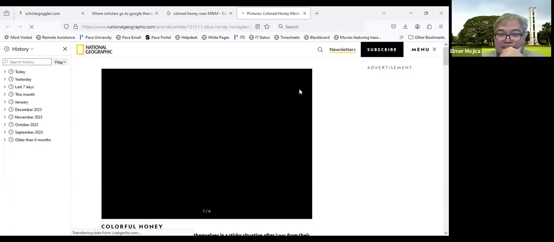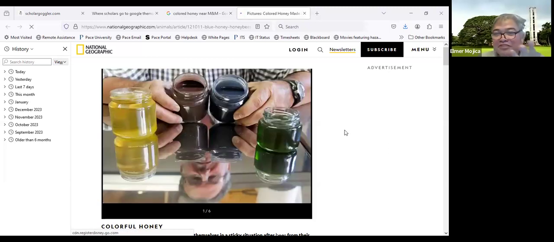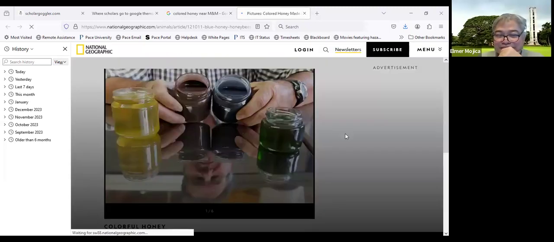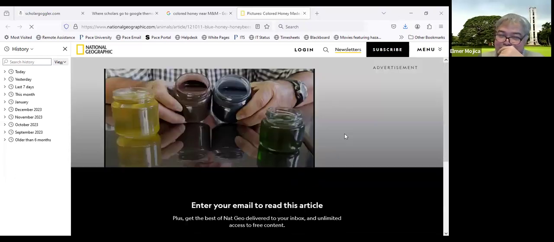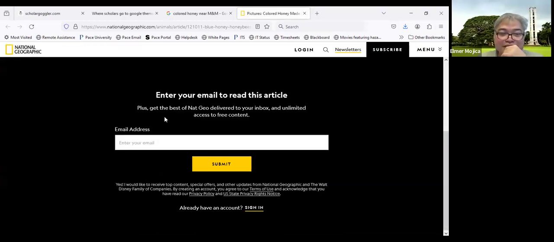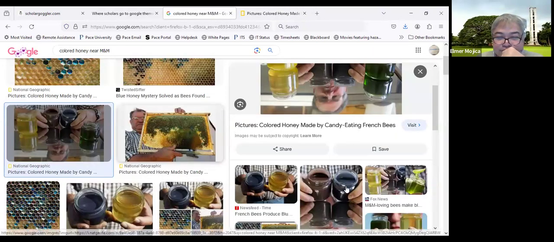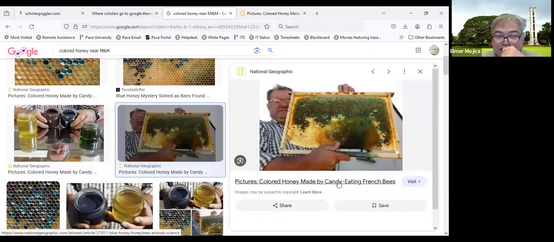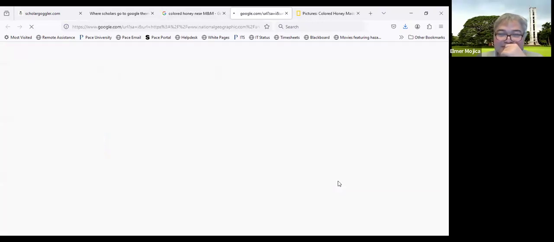Source for the nectar, flag pigments, pigment from the flower, colorful honey. Okay? And if you read the article, oh shit, ayaw akong bigyan ng access sa article. If you read the article, the main reason for that, colored honey made by candy-eating French bees.